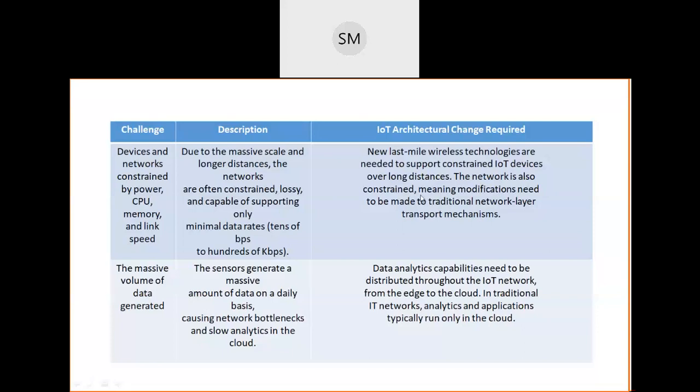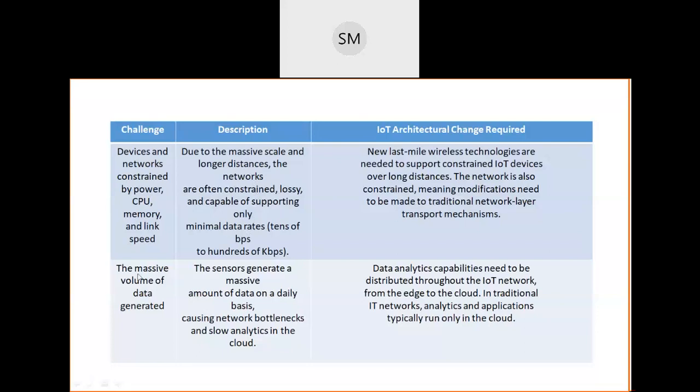The network is also constrained, meaning modifications need to be made to the traditional network layer transport mechanisms. Its meaning is that all devices should be powered and connected, and even over long distances the speed of the network should not decrease, it should only increase.